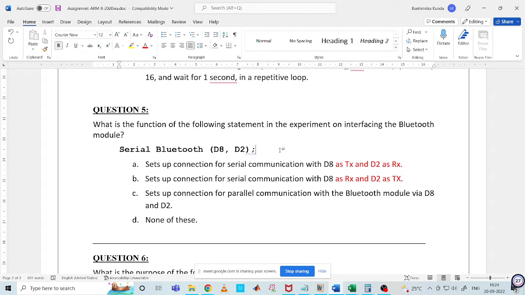Option A. D8 is TX. D8 is RX comma TX. No. Option B. Option B. Okay.